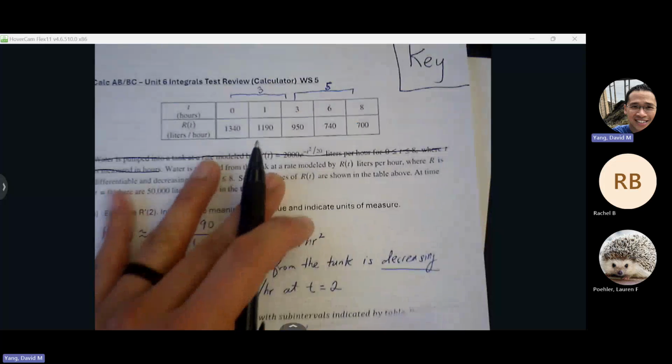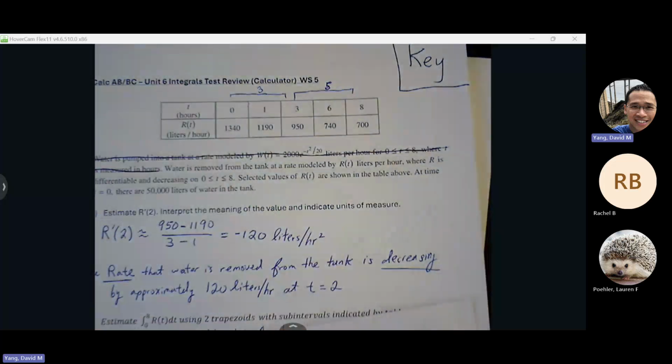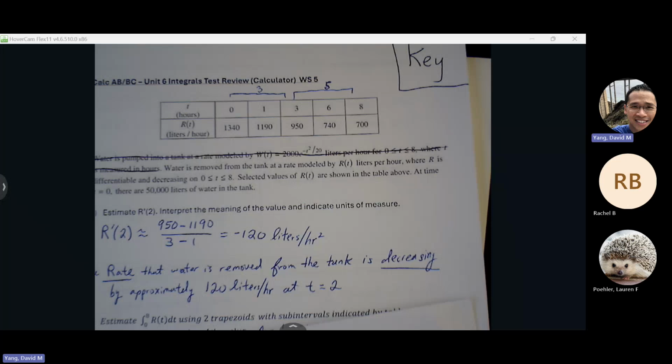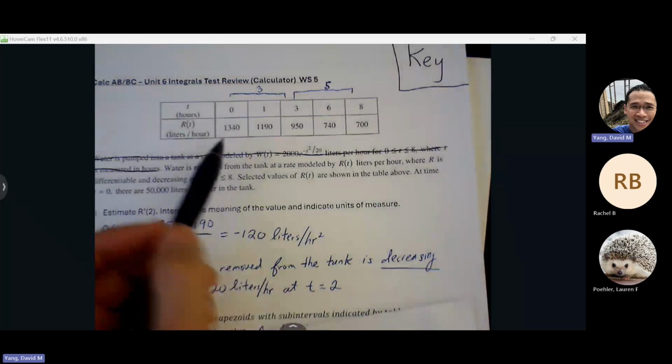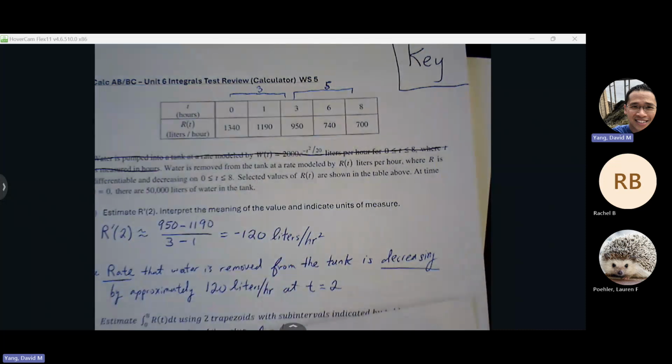I want to visualize what's happening here. As water is being removed from the tank, there are different rates at which water is coming out, but ultimately at the end, what we can count on is some total amount of water that has been removed.